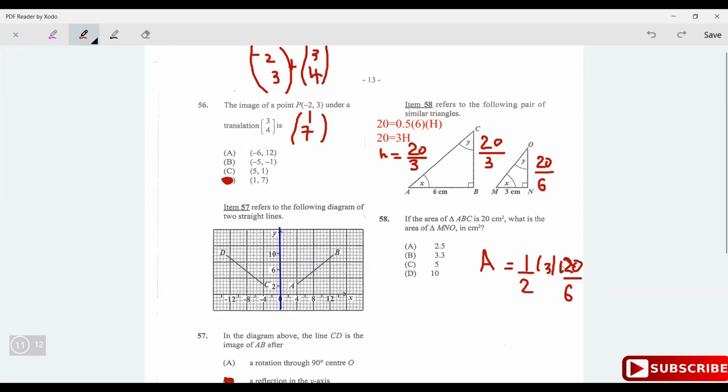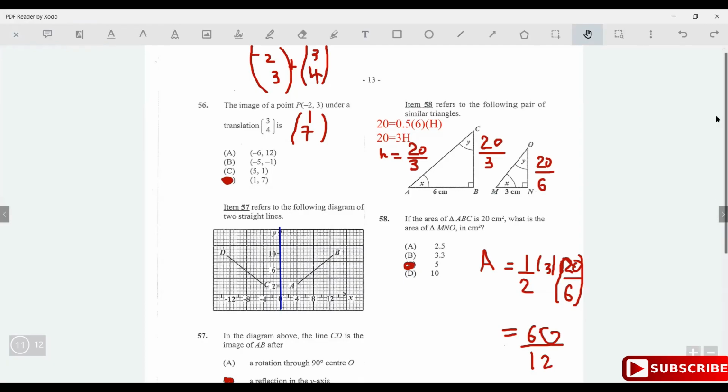This becomes 3 times 20, which is 60, and then 2 times 6 is 12. 60 over 12 is 5. So the area is 5. Easy question. Soft.